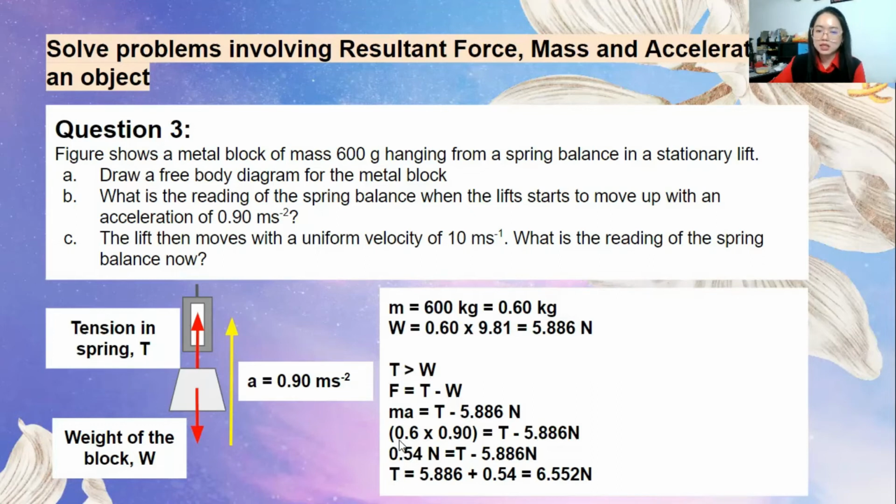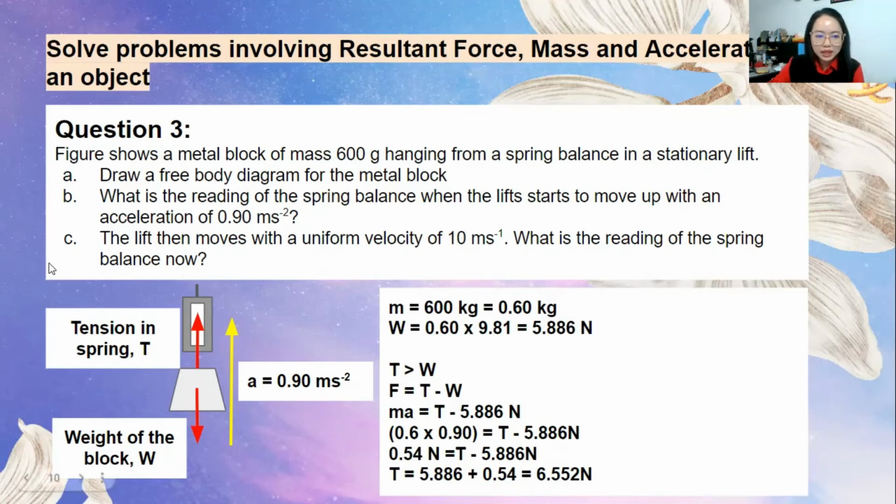So 0.6 times 0.9 is equal to T minus 5.886, because I got my weight here. 0.6 times 0.9, I get 0.54 Newton. Then T is equal to 5.886 plus 0.54, I get 6.552. Why? Because I'm bringing this negative to the front, I get a positive here. Then I get 6.552 Newton.